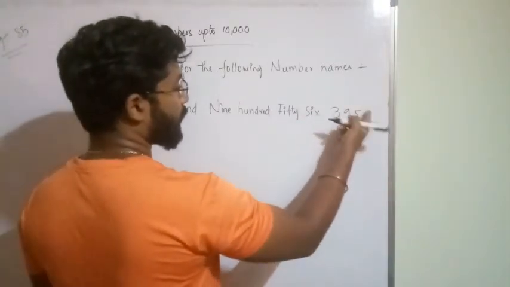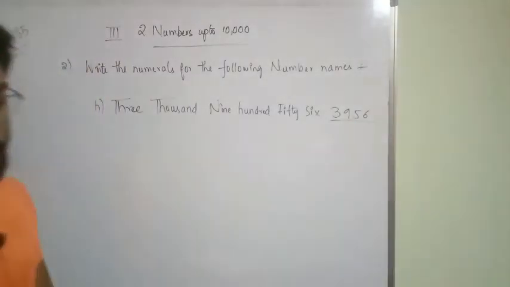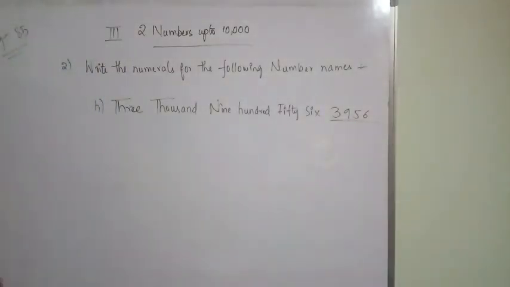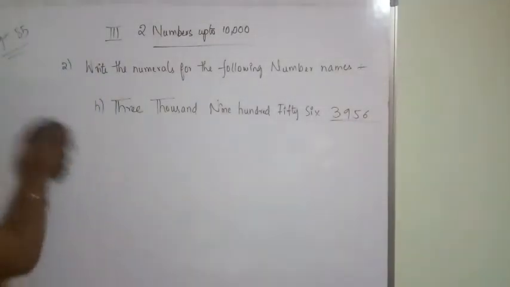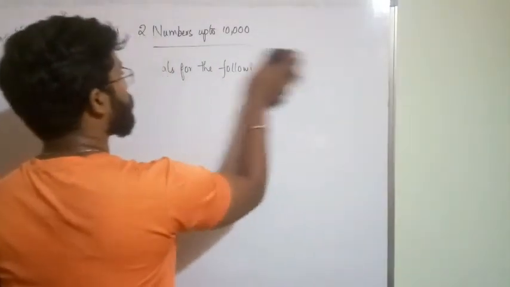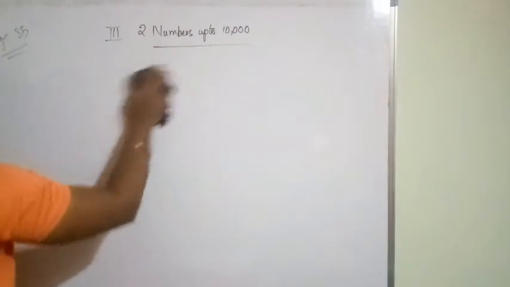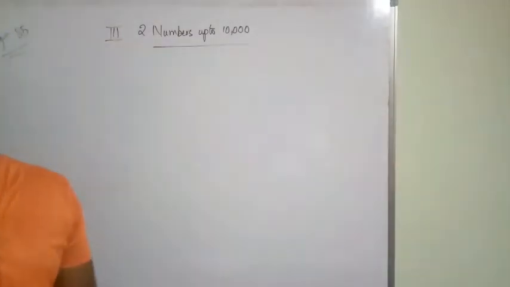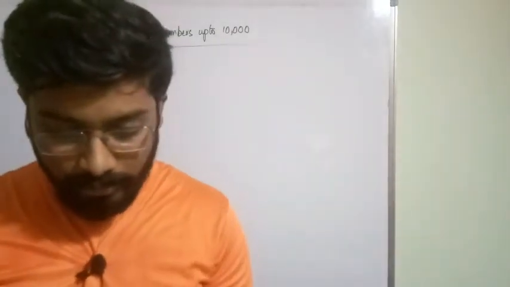You have to read the heading carefully. What is he asking? He is giving a number and asking for the number name, or he is giving the number name and asking for the number. You should know the difference. If he gives the number, you have to write the number name. If he gives the number name, you have to write the number.